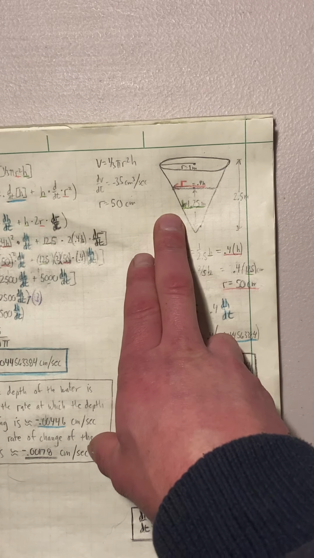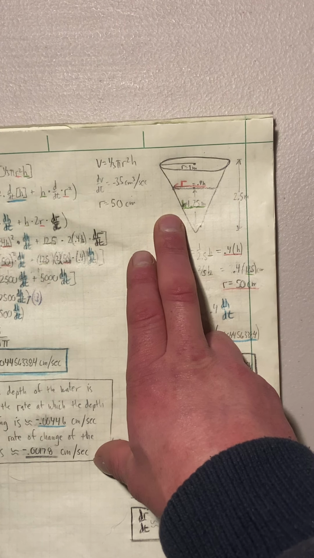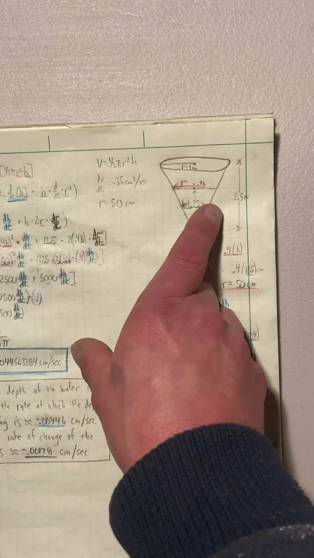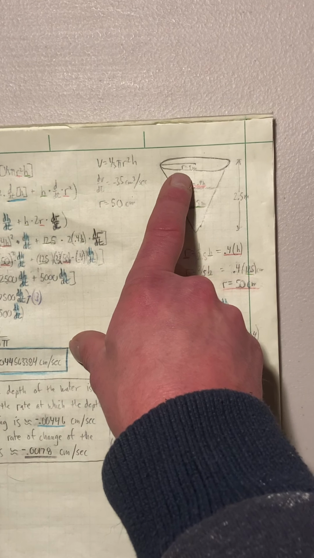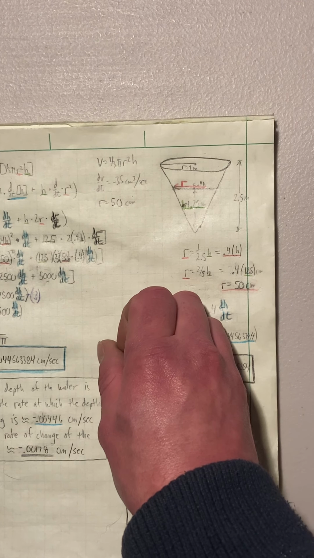So I drew a little illustration here of our tank. It's a conical tank. We know that the height is 2.5 meters and the radius at the base is 1 meter.